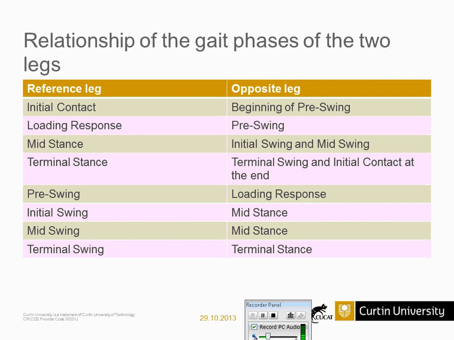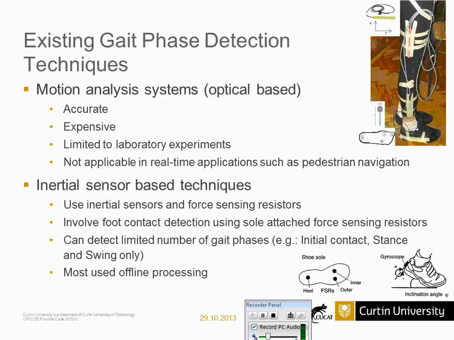Likewise, each phase of a particular leg has a corresponding phase of the other leg as well. So in that case, if you identify the phases of a particular leg, you may predict the phases of the other leg as well.